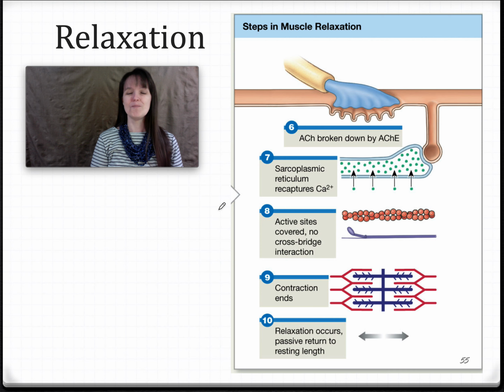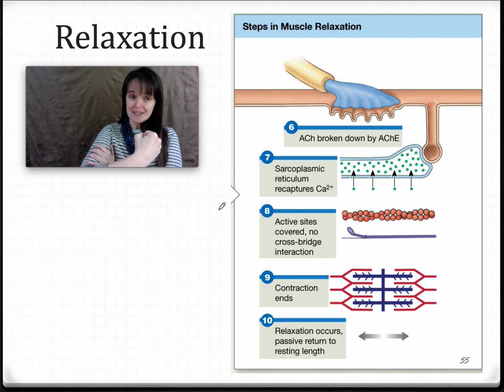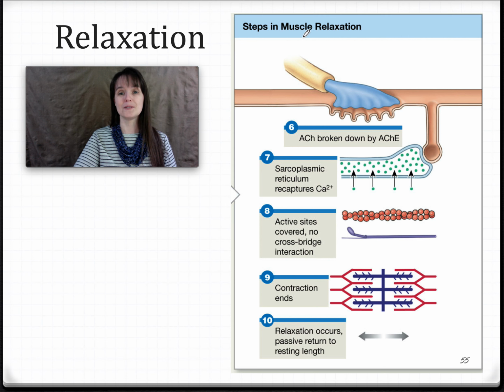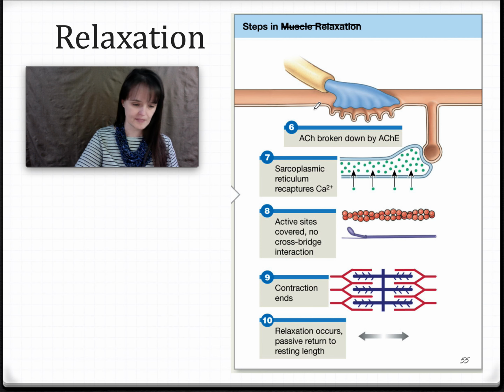So when you contract a muscle, you can stop contracting it, but that doesn't relax it, that doesn't make it go back to its initial position, which we will talk about more. But let's talk about how to end the muscle contraction. Okay.